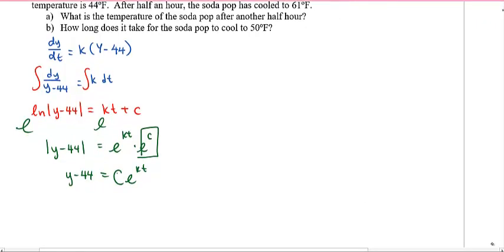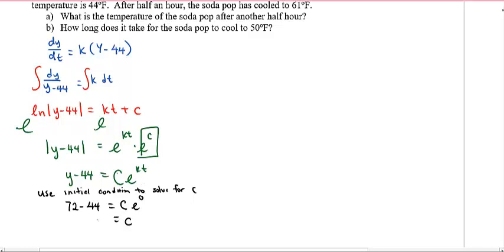Now to solve for C, we're going to have to use some initial condition, and the initial condition here is 72 degrees Fahrenheit. So use the initial condition to solve for C. So 72 minus 44 equals C e to the 0. Of course, when time is 0, e to the 0 is just 1.